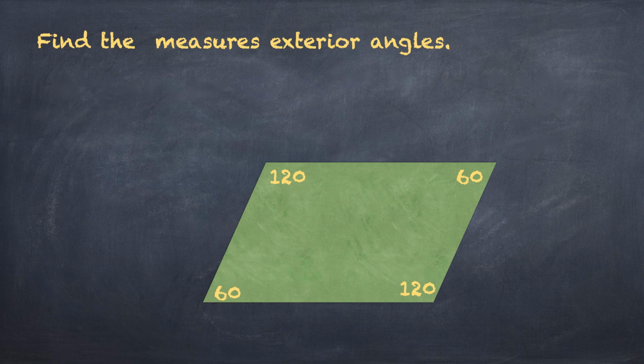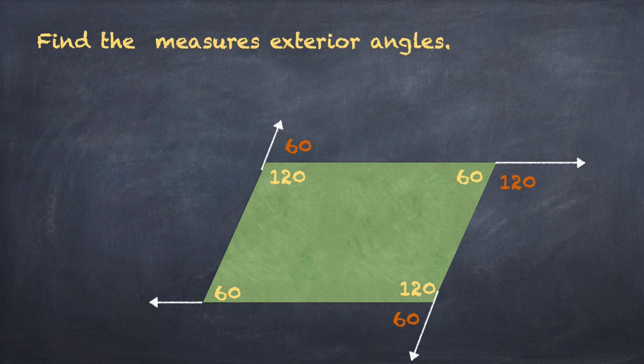Okay, so now let's find the exterior angles of the same quadrilateral. Well, I know that if I extend this angle, 120 plus 60 gives me 180 degrees. 60 plus 120 gives me 180 degrees. 120 plus 60 gives me 180 degrees.